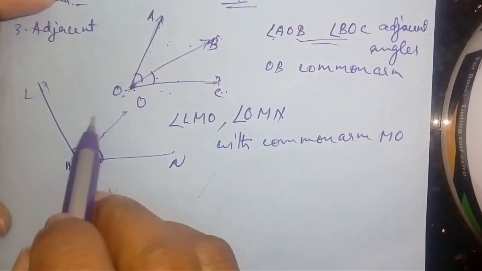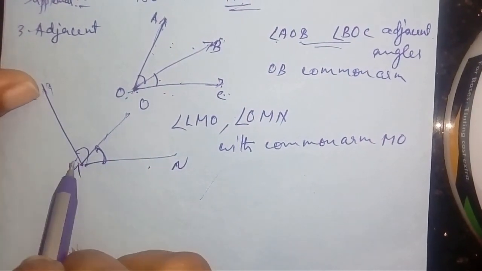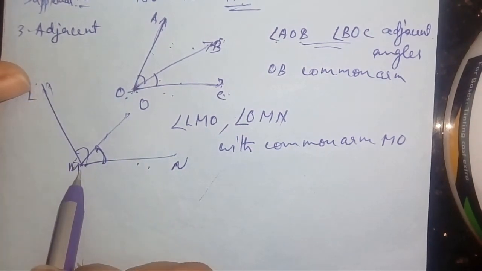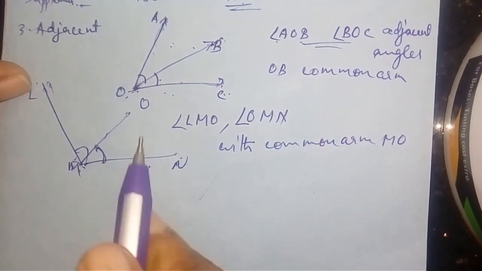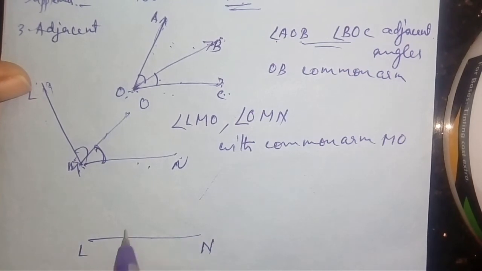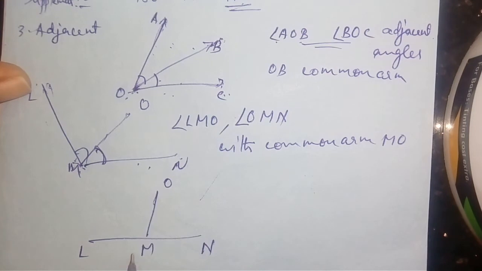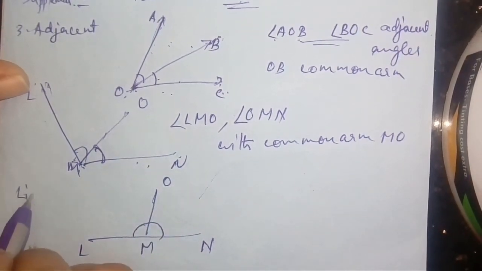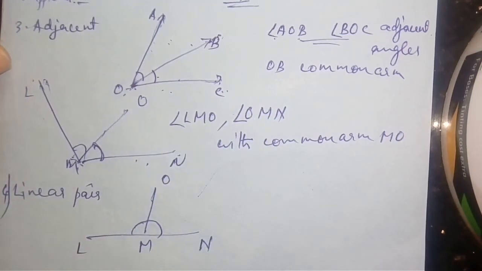In the case of adjacent angles, we see the non-common arms ML and MN. If these non-common arms form a straight line, with L, M, N forming a straight line, then we can say these adjacent angles form a linear pair. Next type, linear pair. So what is a linear pair?